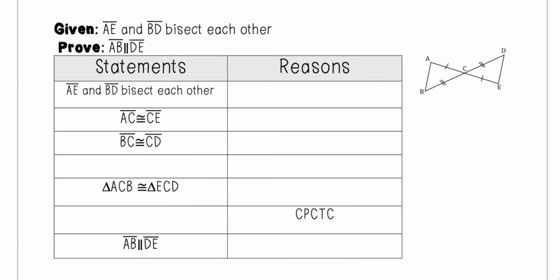Given that AE and BD bisect, so these two lines are bisecting. Well, we know that if lines are bisecting, then they're being cut in half. So that allows us to make the statement that AC is congruent to CE. That's down here, and that would just be the definition of bisectors.